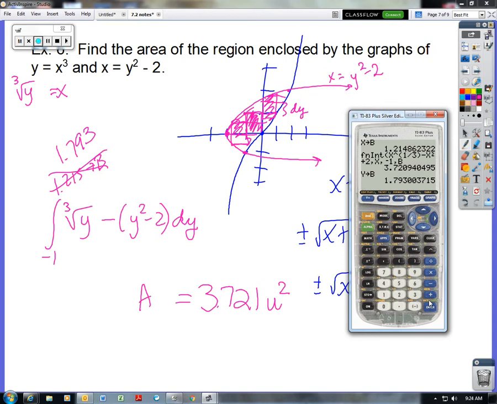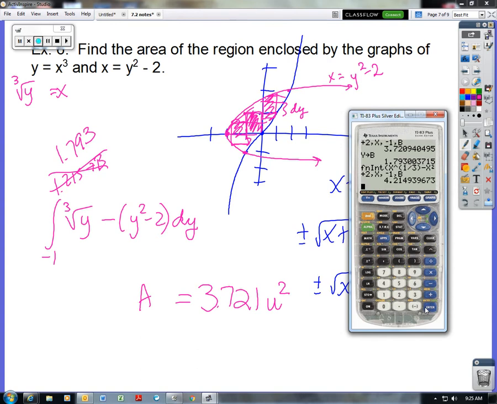Now I better just go ahead and do it again. Math 9, and we have to type it in again: 1 divided by 3 minus x squared plus 2, comma, x, comma, -1, because that is the y value right here. This is the y value -1 to this y value, which was alpha B, now that we've got it stored correctly.